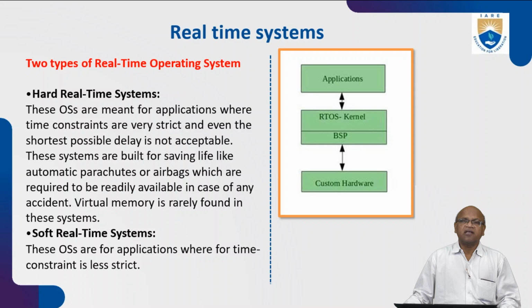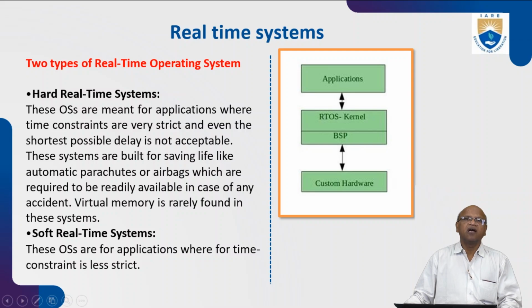It means the system has already compiled everything and is just ready to execute. The execution time is very small, and no delay is accepted. That's called a hard real-time operating system. Soft real-time systems are used for applications where the time constraint is less restricted, like the systems we use.